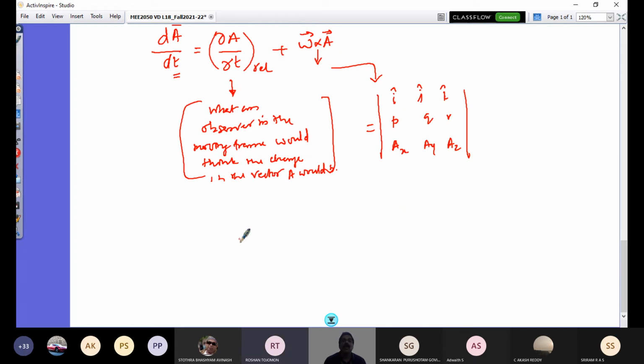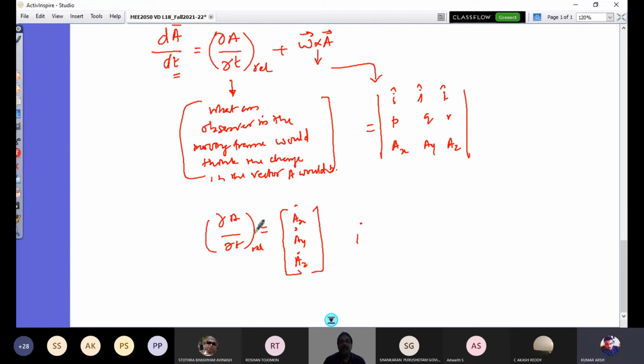So what is this quantity? Dou A by dou t is its time derivative in that coordinate system, which is simply its time derivative AX dot, AY dot, and AZ dot. The subscript is REL, relative: the variation of A relative to the body fixed coordinate system.